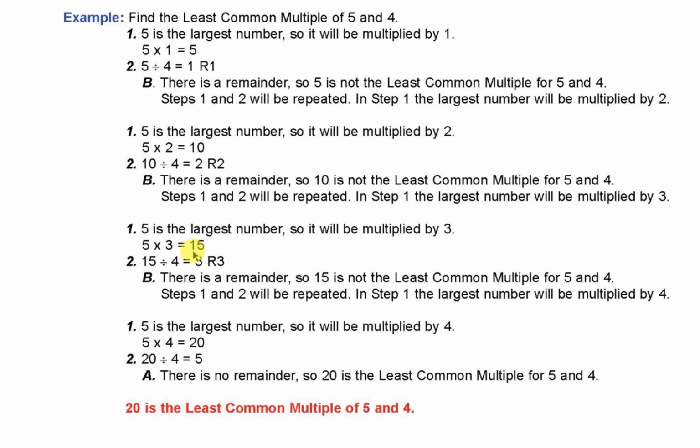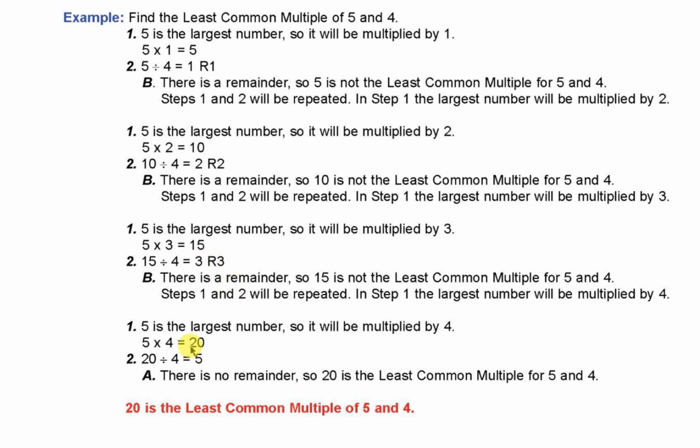Next, we got a multiplication result of 15 when we performed step 1. When we divided 15 by the smaller number, which is 4, we get a remainder of 3. Therefore, since there was a remainder, 15 was not the least common multiple.